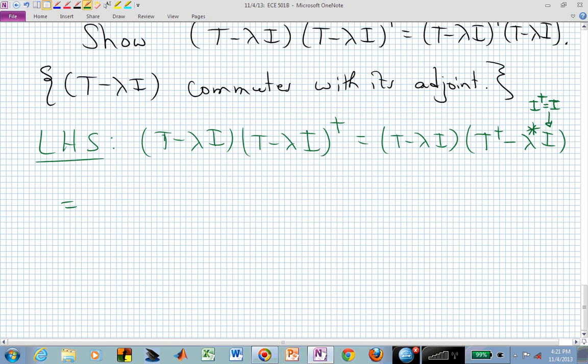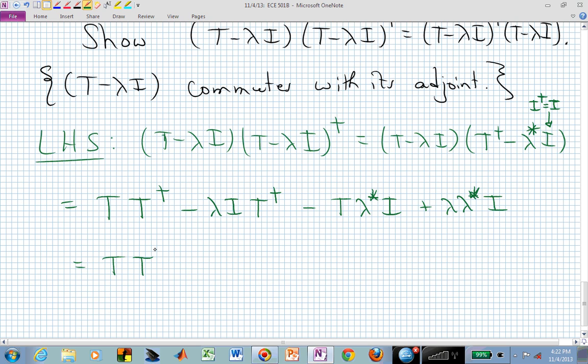Let's form that product. I have T times T adjoint. Then I have minus lambda I times T adjoint. Then I have minus T lambda star I plus lambda lambda star I times I, which is just I. Lambda and lambda star are scalars, so I can slide those back and forth.